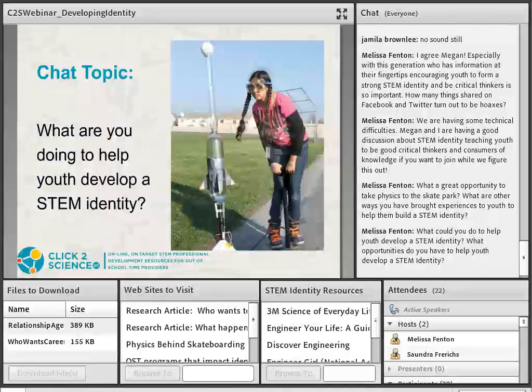Are there partners in your community that you're working with that help you bring STEM experiences into your program? And if you don't feel like you have partners in your community, then these resources here in the pod down at the bottom of the screen might be really important.